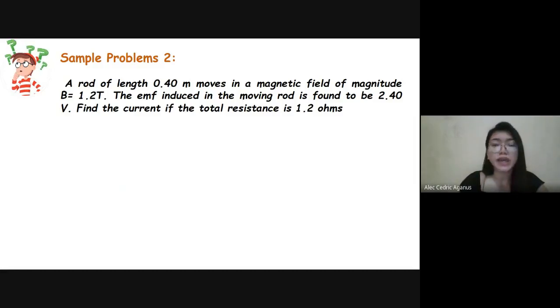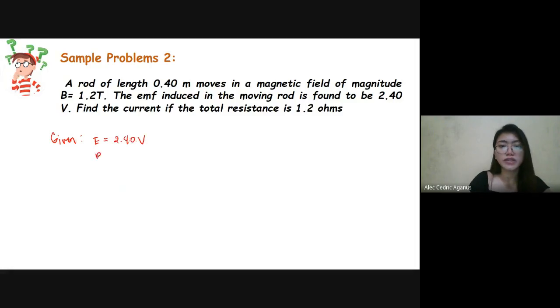For the meantime, just focus on the quantities involved in the equation and disregard the values of magnetic field and length. So we have 2.40 volts as your E, or electromotive force, and the resistance is 1.2 ohms.